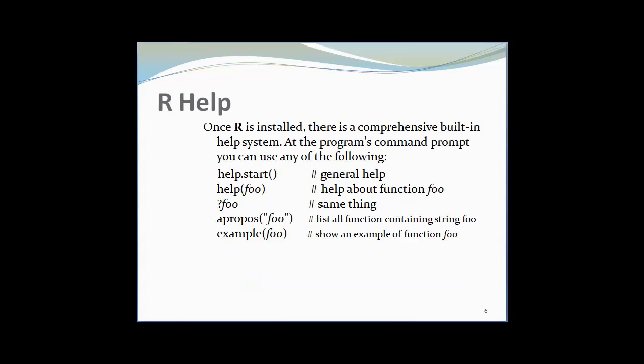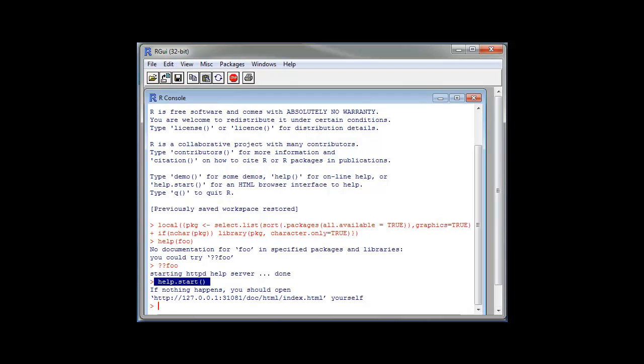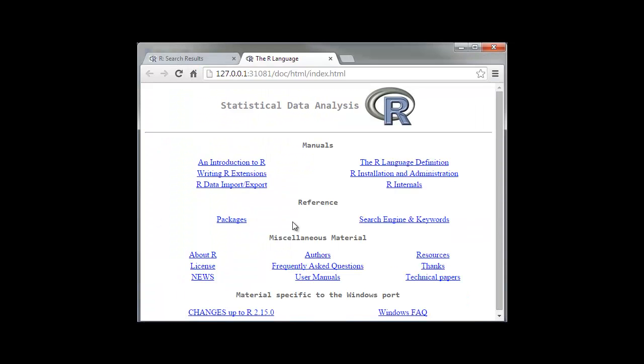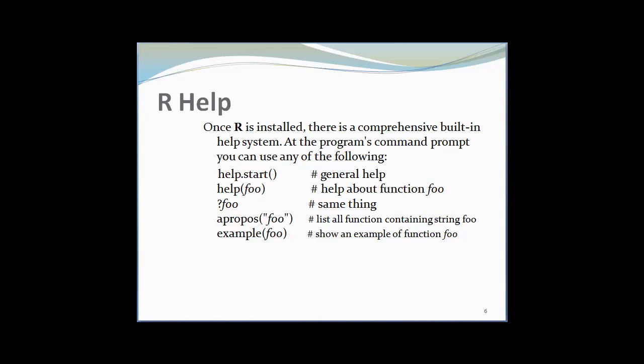Now help commands. Once R is installed, you can use any of the help commands and get details about any function. For example, if you have just started, type help.start in the R console and you will be redirected to this page, and with this page you can continue with your learning of R. Similarly, there are other methods for finding help on R for some special functions.